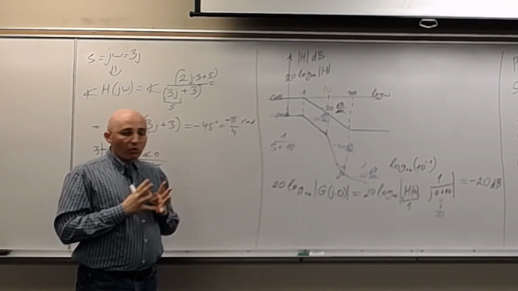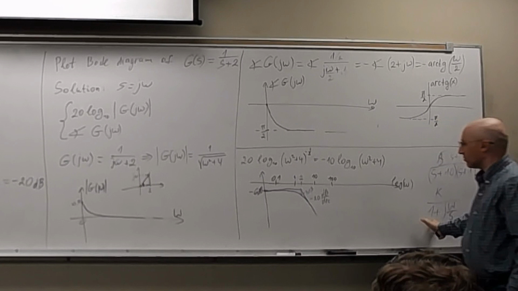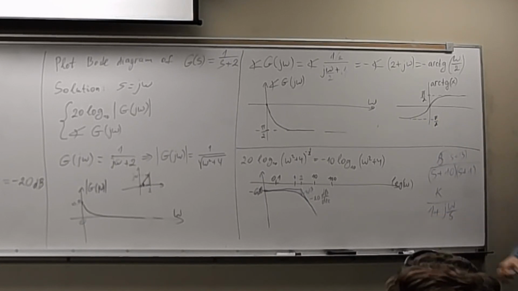Now, is it always possible to get to that representation, which is something divided by 1 plus j omega divided by something, or 1 plus j omega divided by something? Is it always possible to get them from any transfer function, like z, for example?